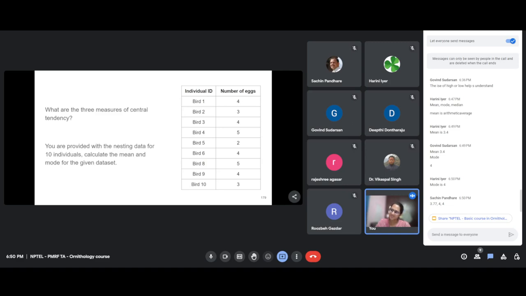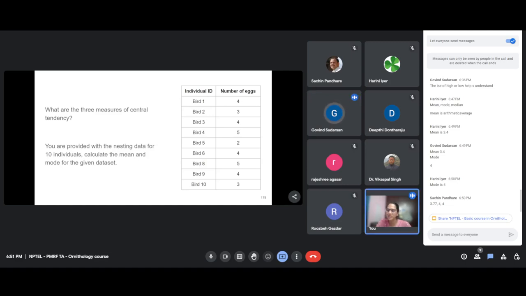How is the mean varying? I'm not understanding. How do you calculate the median again? No, I'm just asking for the mean and mode for this, not the mean, median.